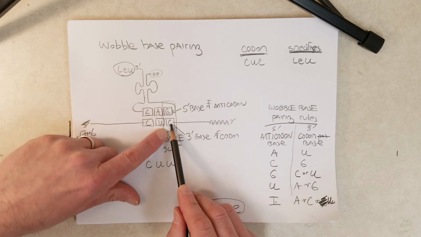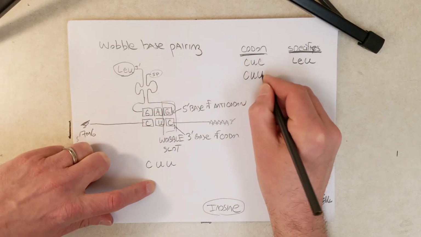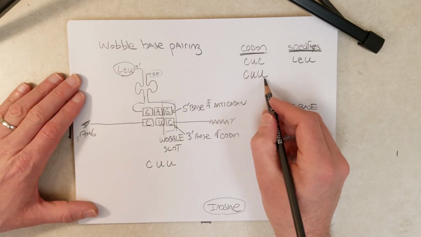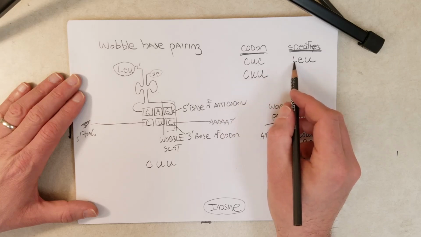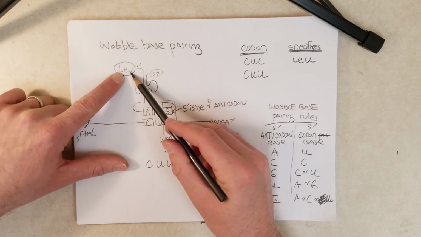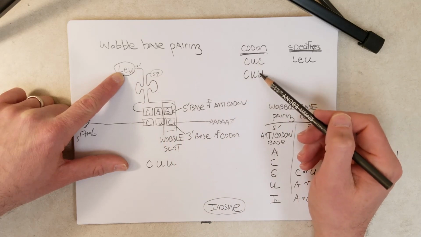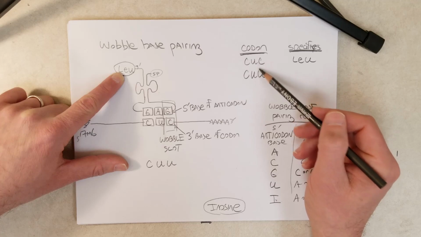So C or U. Now, for all this to work out and for translation to make sense, a CUU codon must specify leucine. This tRNA that is attached to leucine recognizes CUC and CUU codons, so these have to specify the same amino acid.